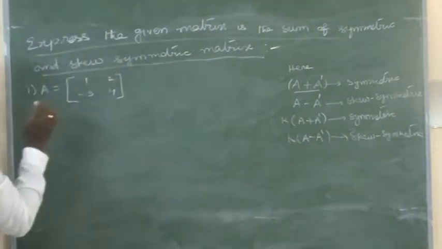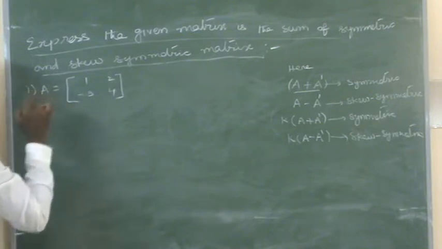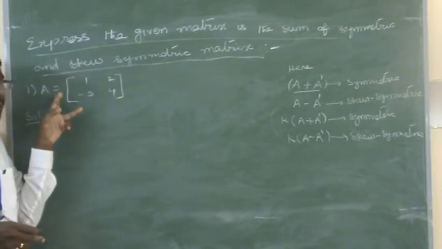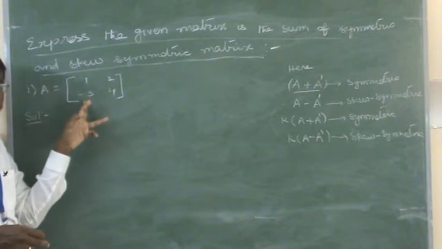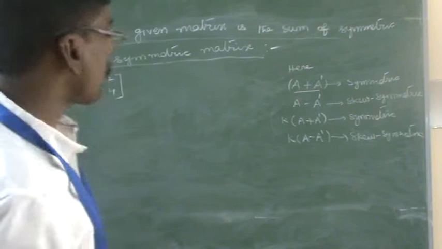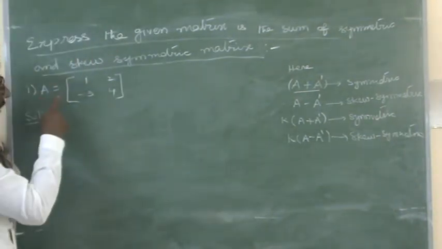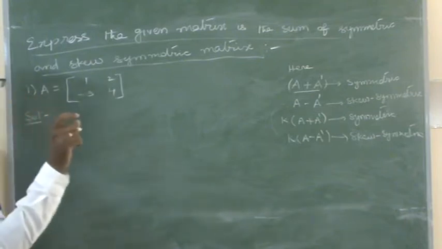This is the problem: how do we express the given matrix A as the sum of a symmetric and a skew symmetric matrix? First, for the given matrix A, we need to find A transpose.